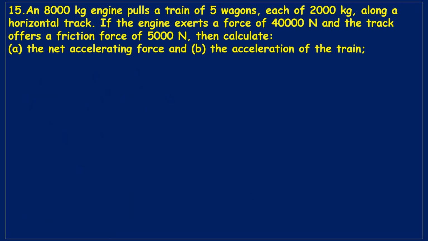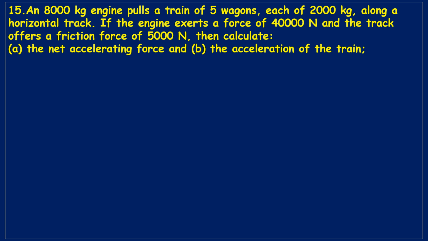Next question. An 8,000 kg engine. Here one engine is given, a train engine, whose mass is given, that is 8,000 kilograms, that pulls 5 wagons, right?